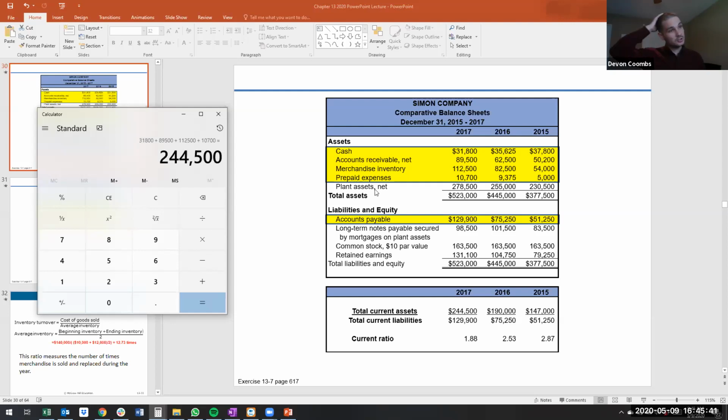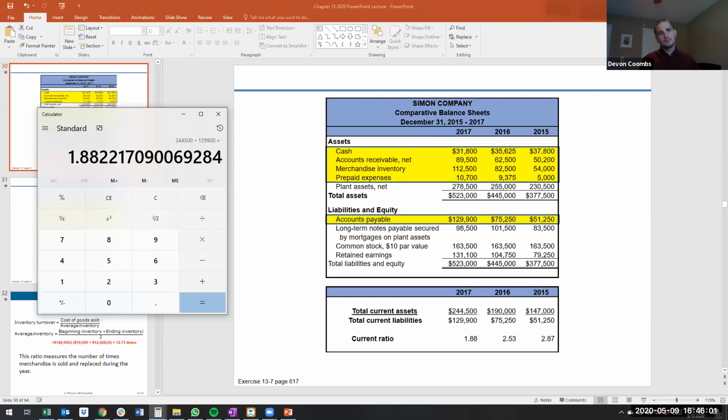But we're going to exclude the plant assets, because plant assets are long-term, right? And then we'll divide it by our current liabilities. What are our current liabilities here? Just the accounts payable. And that gets us our 1.88. All of these other ones are long-term, so they have to deal with solvency, not liquidity.